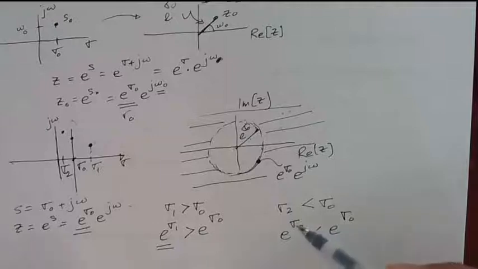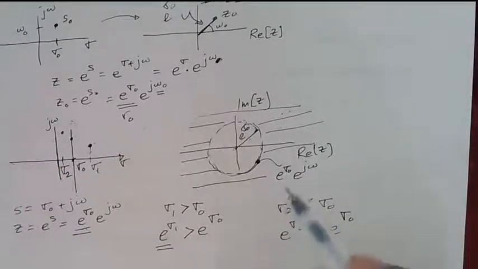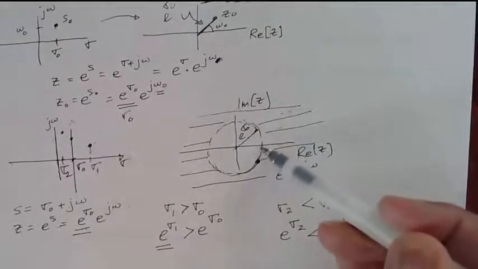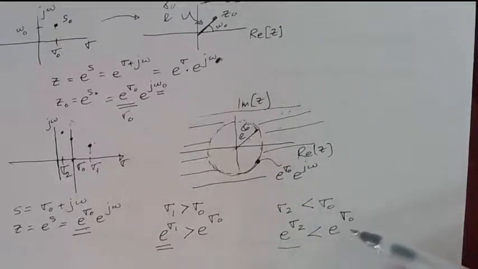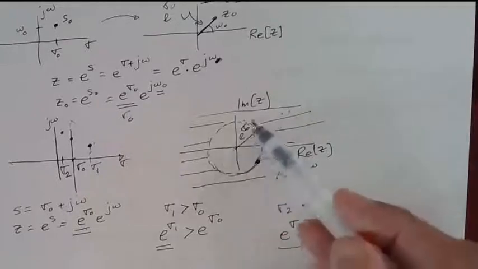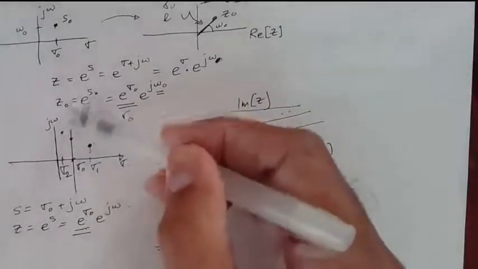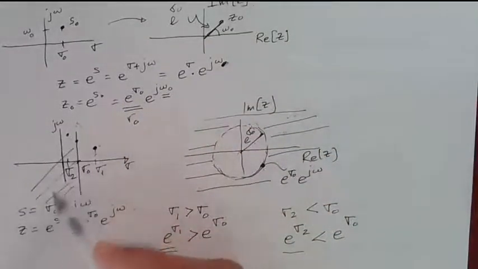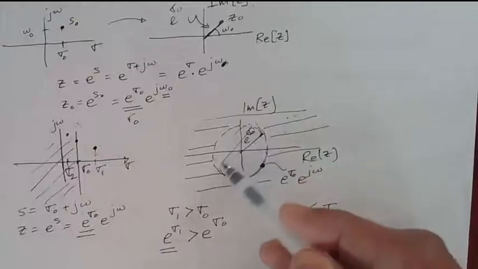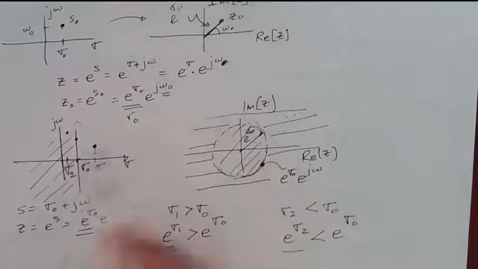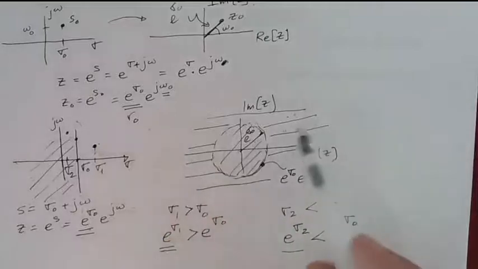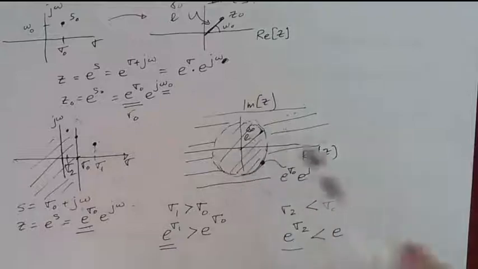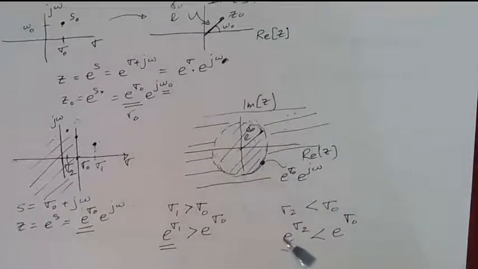So a point on this side of the line will get mapped to a point in the z-plane where the radius is less than the circle corresponding to this vertical line. So any point on this side of the line will get mapped into points inside the circle. Right side will get mapped to the outside of the circle. Left side will get mapped to the inside of the circle.